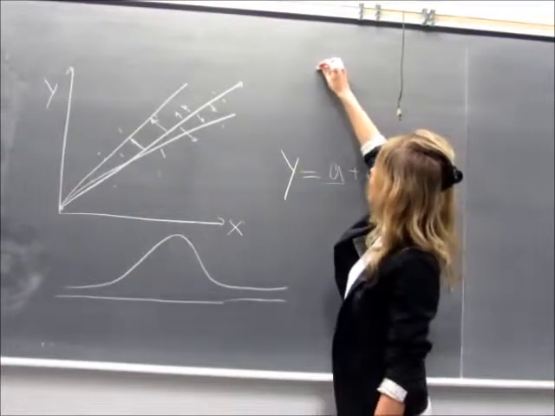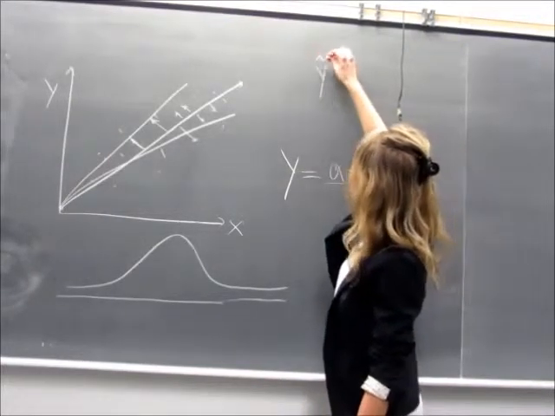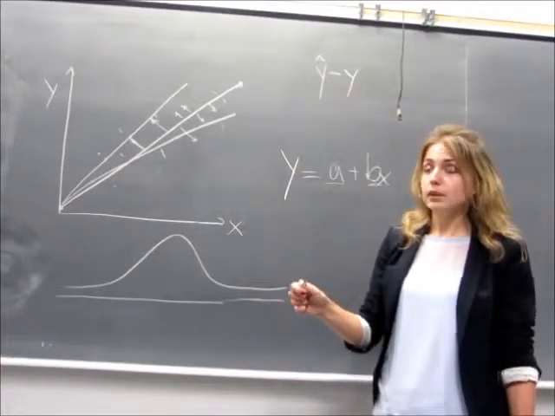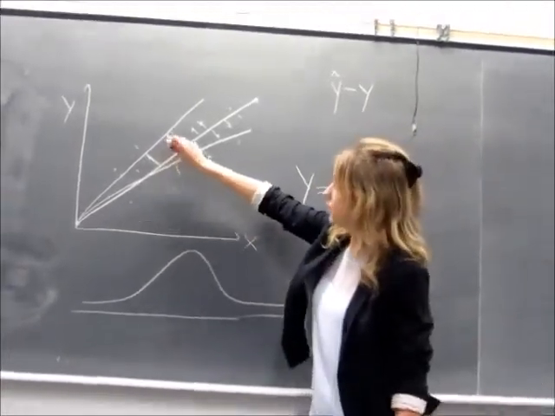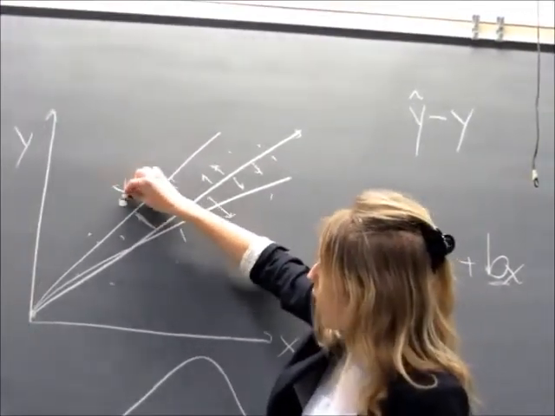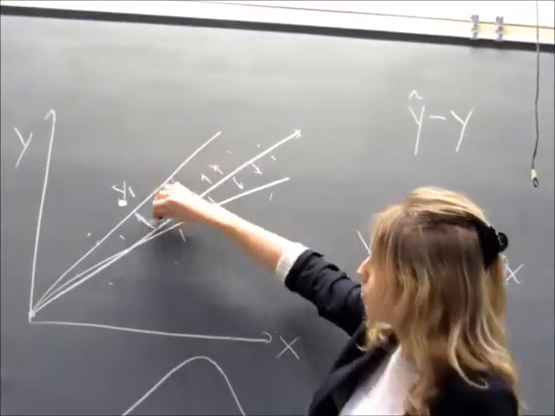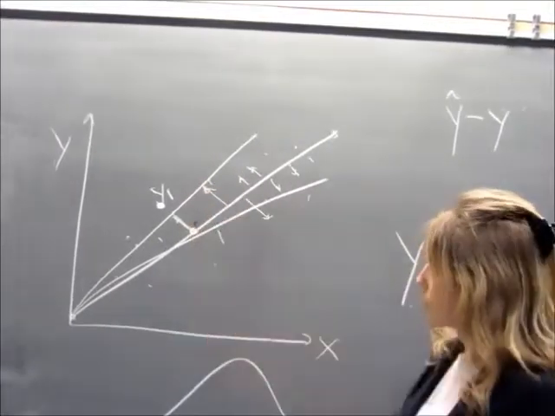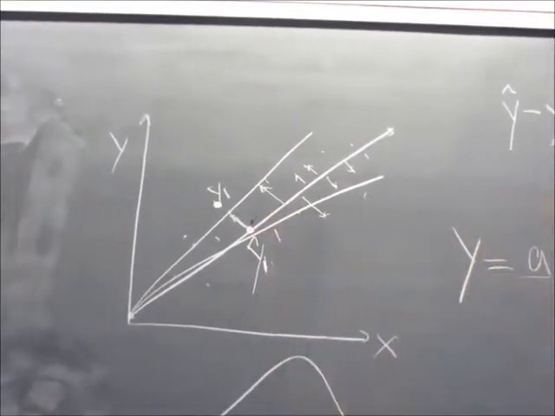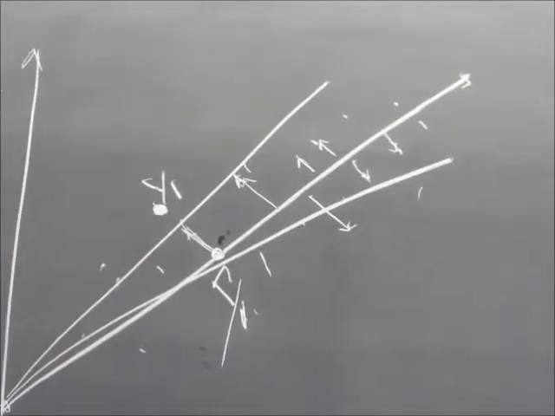Say I have my actual y, which would be like some y1, and I have my predicted value, which is going to be y1 hat. I want to look at all of those differences.